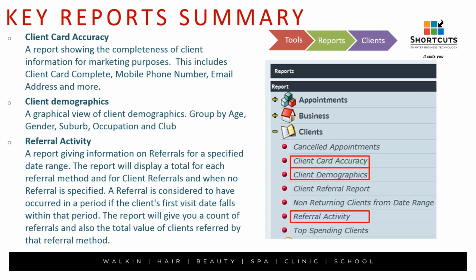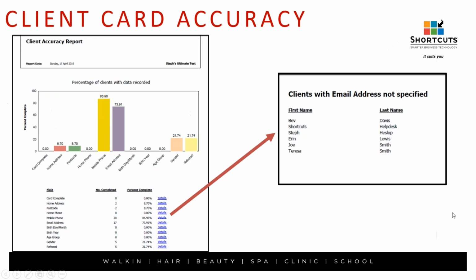So we might sort this by gender to see how we're tracking that information. And the referral activity is a report giving information on referrals for a specified date range. So basically we can see the traffic and the referral types over a certain date range. Let's take a look at those reports.